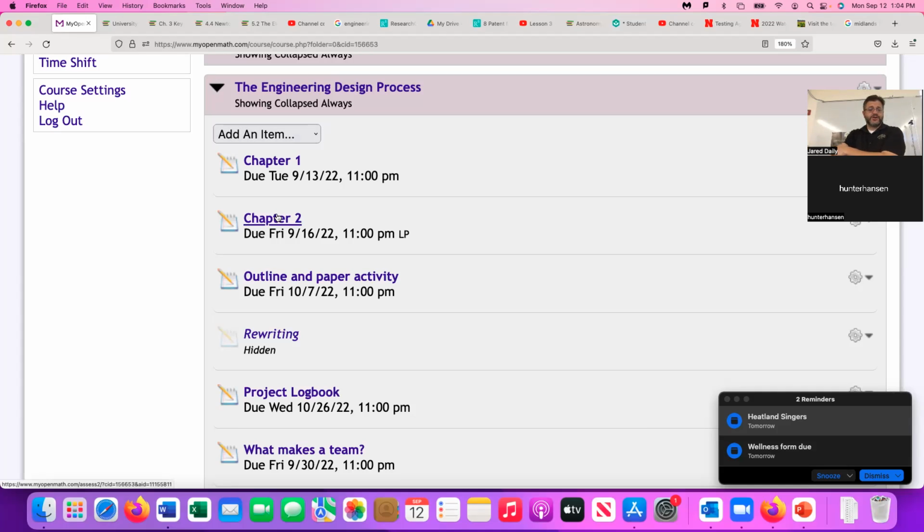So chapter 2 in our engineering design process book is mostly about communication and teamwork. And there's a lot of tools that we learn about in chapter 2 that are going to be part of the homework.